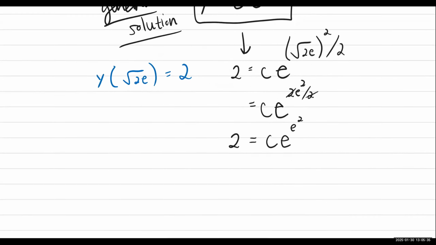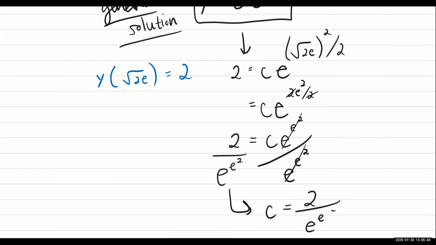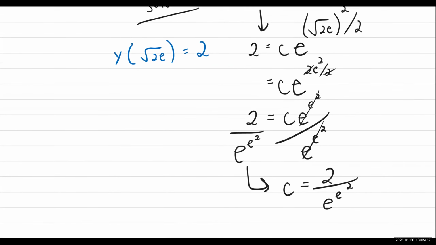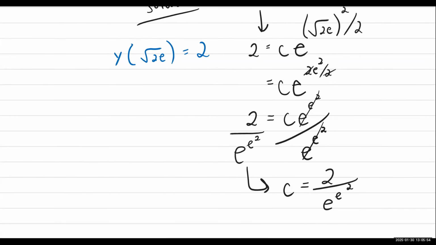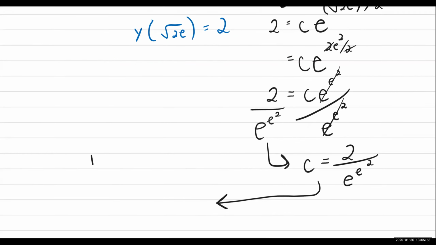So if I solve for c by dividing both sides by this e to the e squared, a bit of a complicated constant, but it is a constant nonetheless. See if you can keep track of all that and rewrite your general solution now into a particular solution.